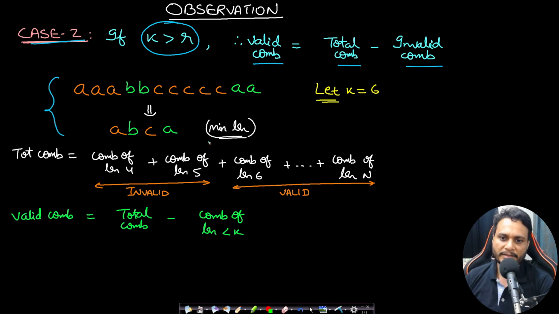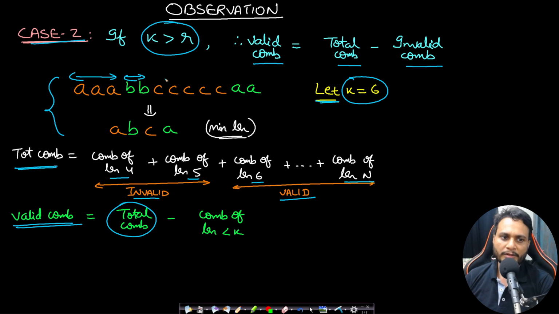I am taking the same example here and showing it for k equals 6. As I had explained, the total combinations is the combinations of length 4, 5, 6 and so on till the length of the entire word. In that case, if k is 6, then I will be removing all the invalid length sequences to get all the valid strings. So I will calculate valid combinations equals total combinations, which you can get by multiplying all the run lengths.